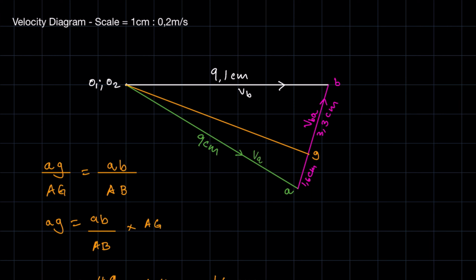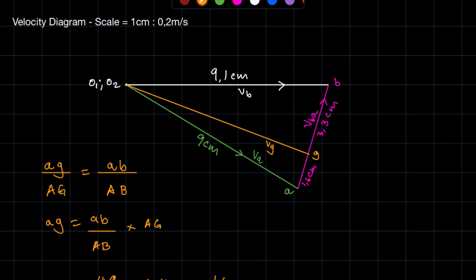And then as far as the direction of this vector, see where this line is coming from. The line is coming from a fixed point, meaning that this line represents the absolute velocity of G. Remember that if your frame of reference is a fixed point, then the velocity becomes an absolute velocity. So essentially, this here is VG.